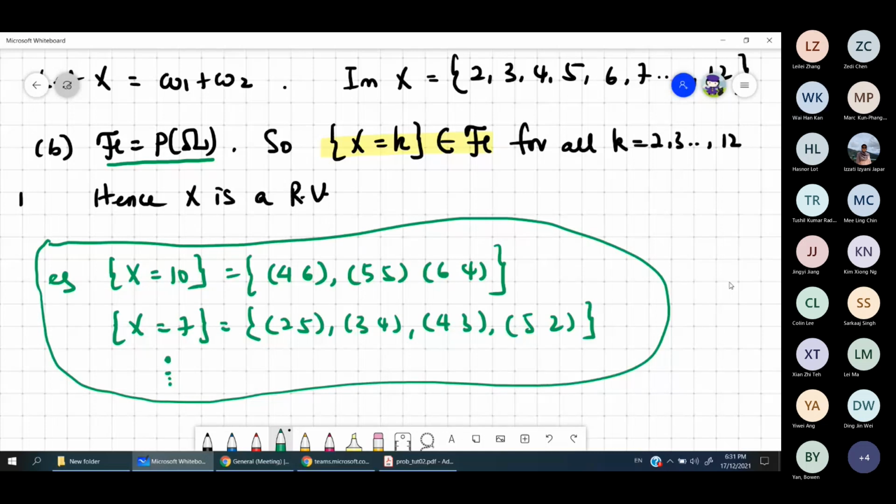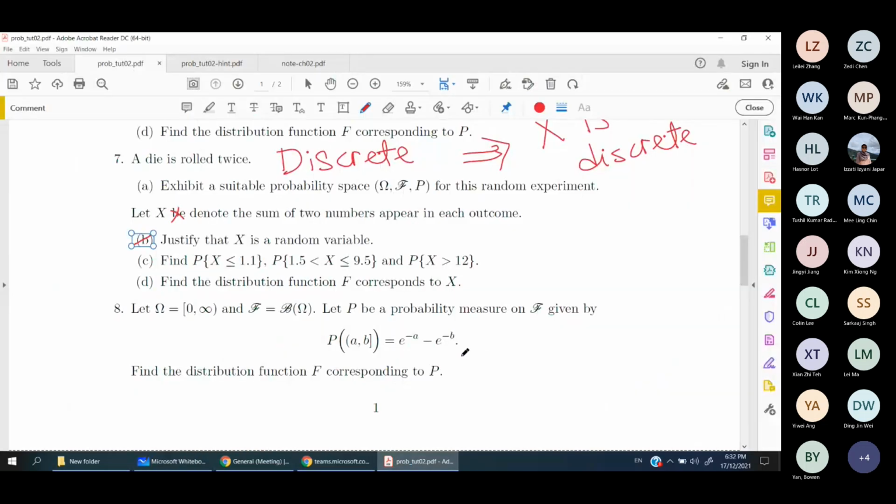Sorry, doctor. Can we add on question D? Sorry? Question part D. For these questions. What is question D, by the way? Maybe it's better I follow here instead of reading my papers. Find the distribution.